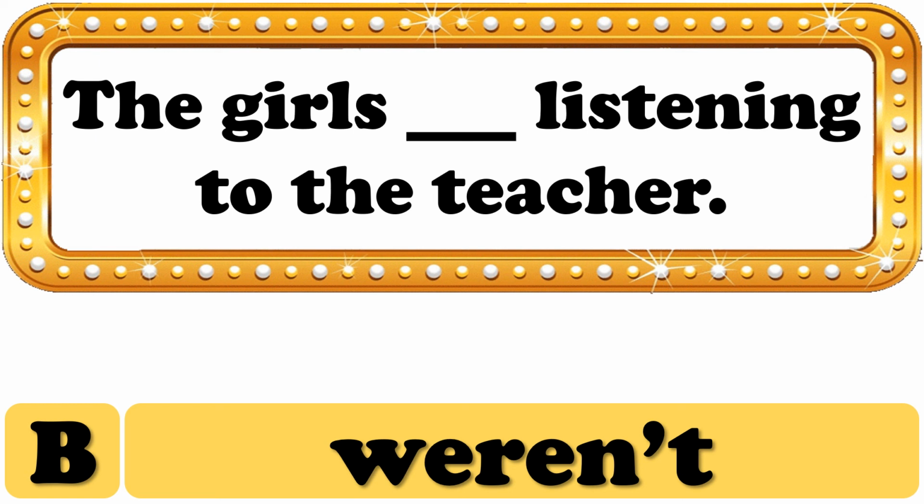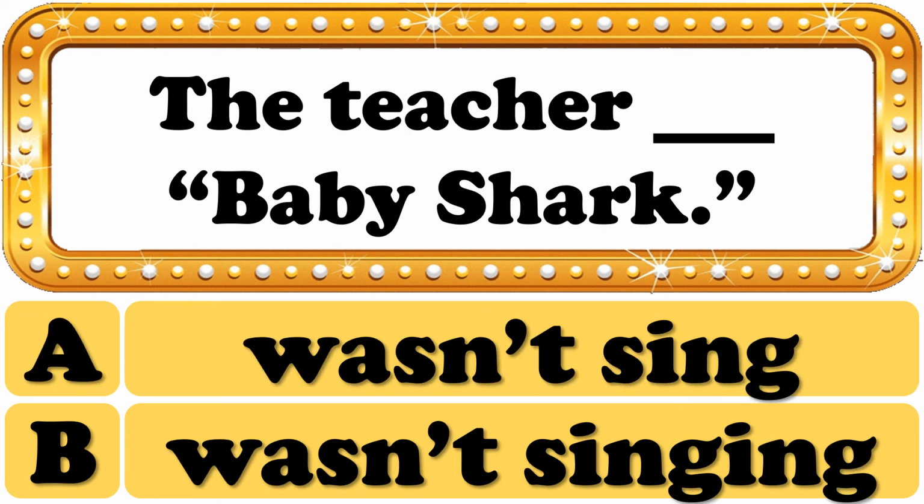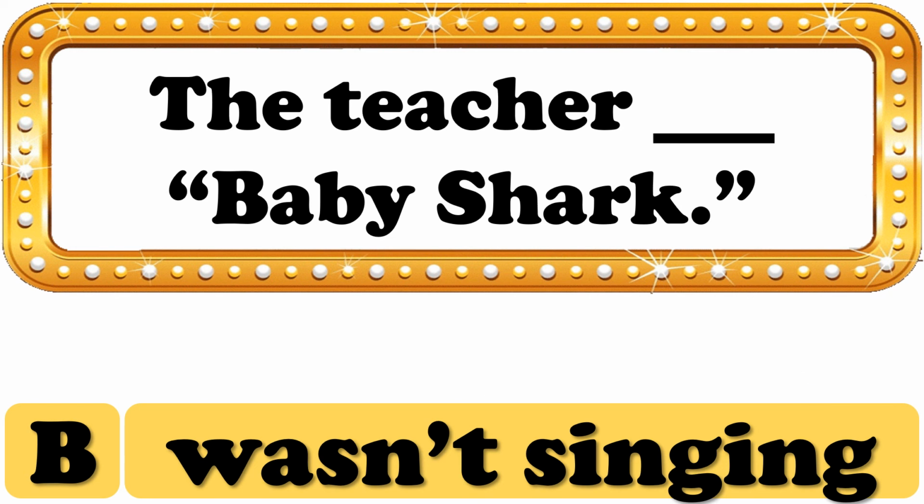Try this one. Would you use A or B to finish this past progressive sentence? The correct answer is B. We need the ing on the verb, so the teacher wasn't singing Baby Shark.